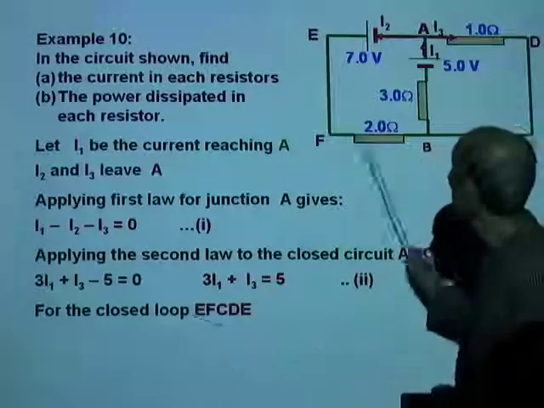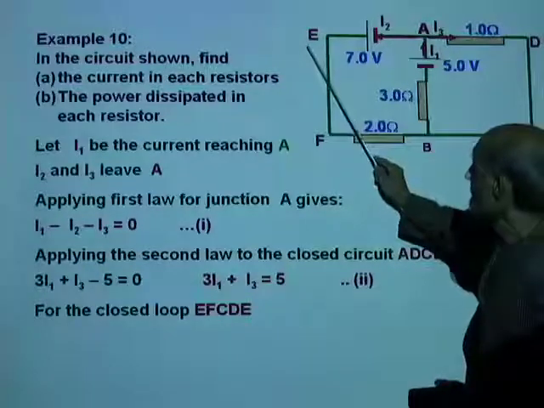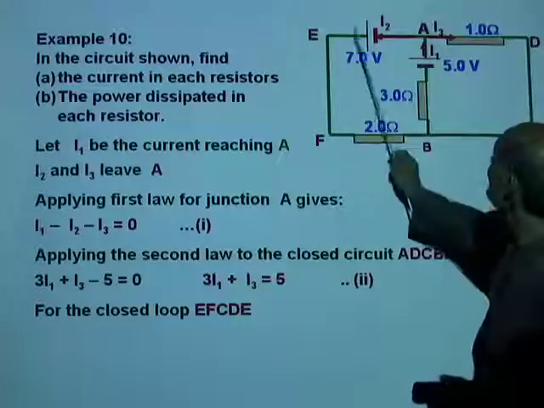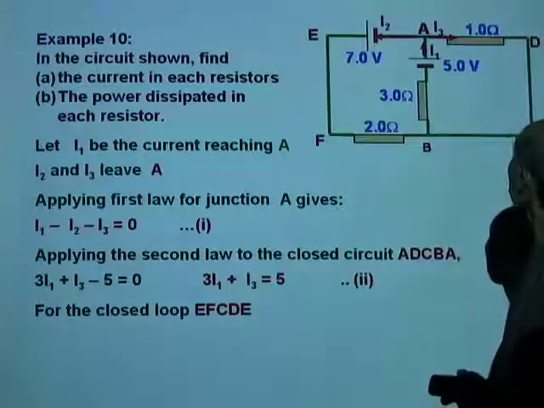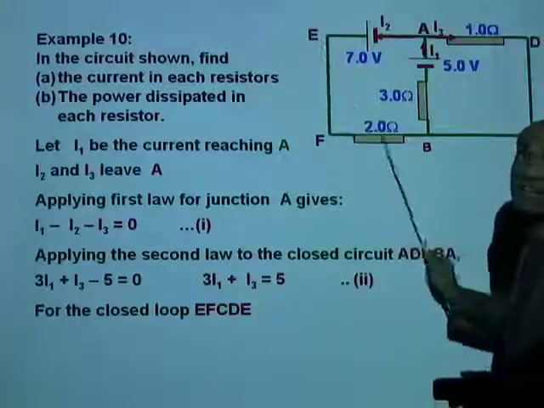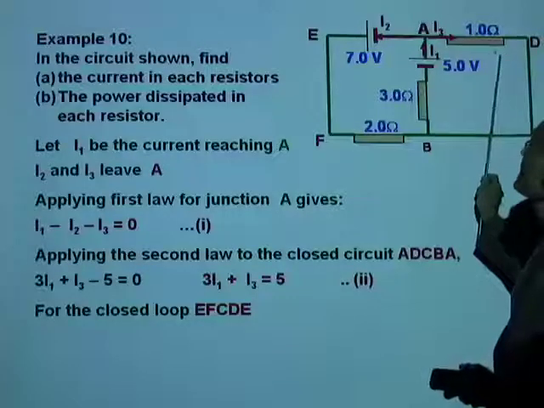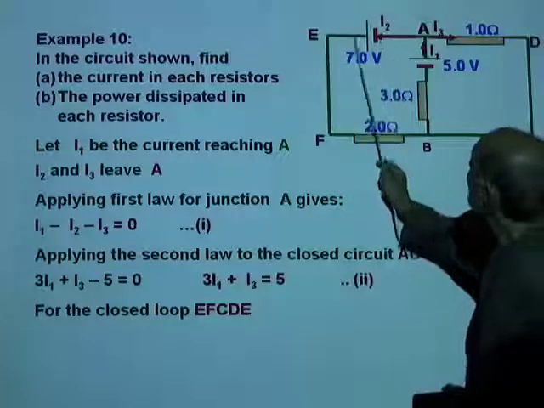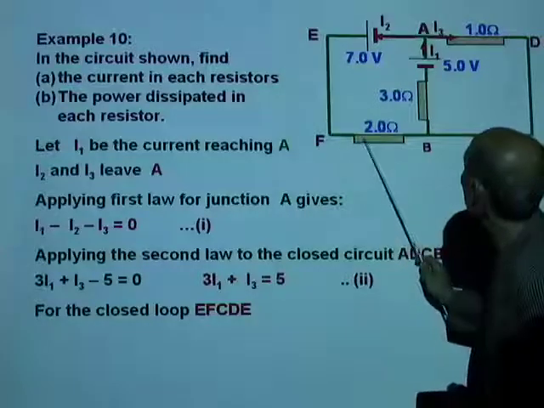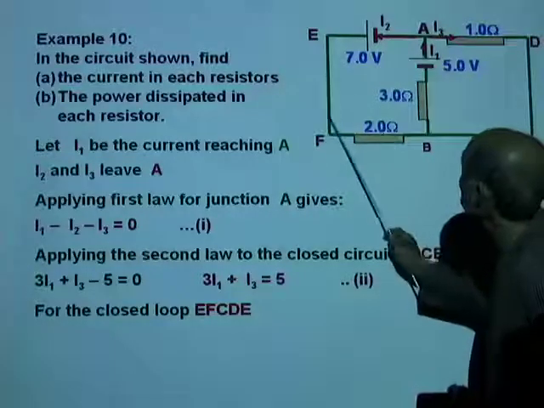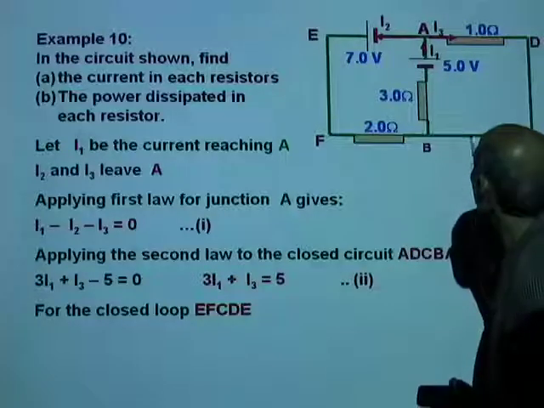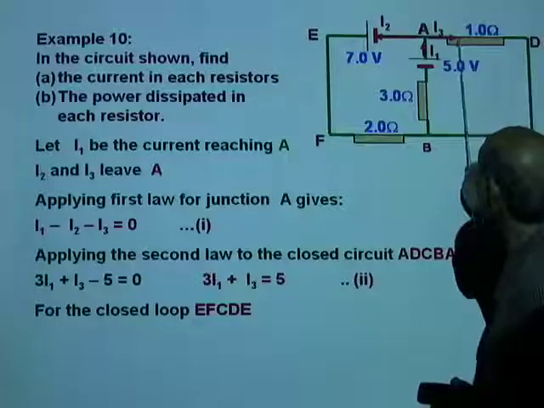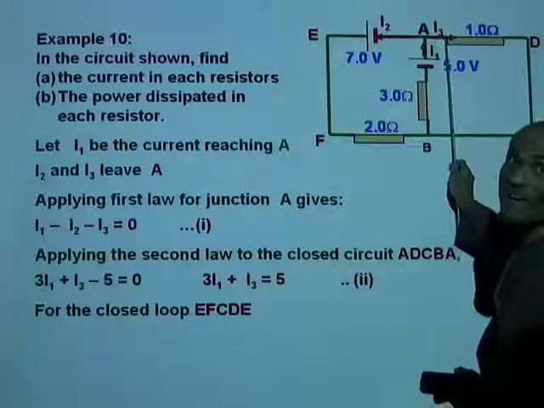For the second loop, let's take E, F, C, D, E. We've taken the outer loop, E, F, C, D, E. Well, you have the current I2 in the 2 ohm, which is the same direction. Now watch this. The loop is traced out like this, and I3 is opposite there.